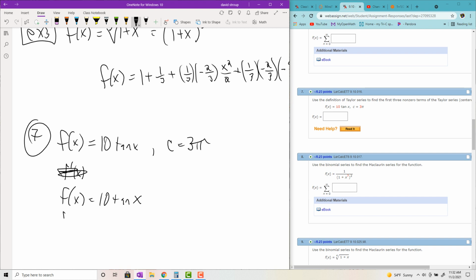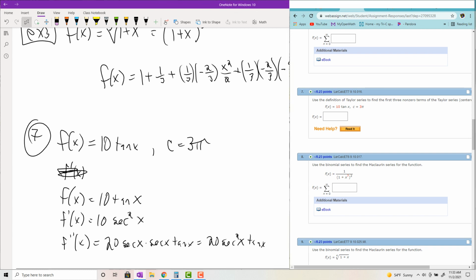Okay, so f prime of x is going to be 10 secant squared of x. F double prime of x is going to be 20 secant x times the derivative of secant x, which is secant x tan x. So we have 20 secant squared x tan x.